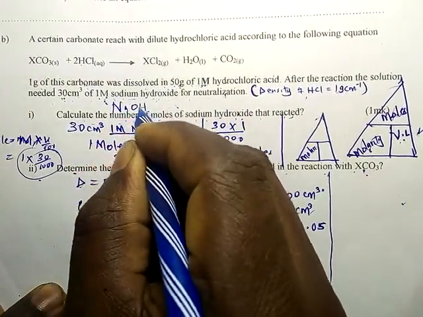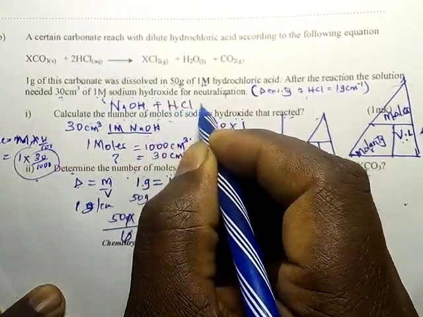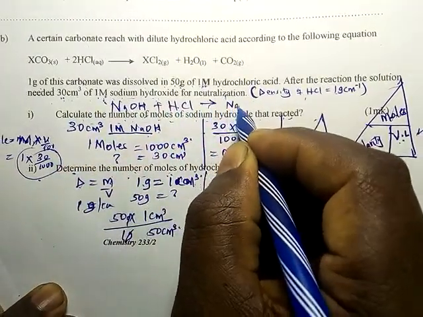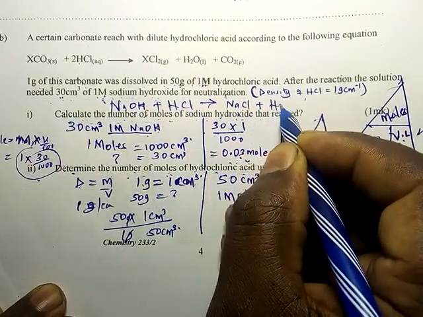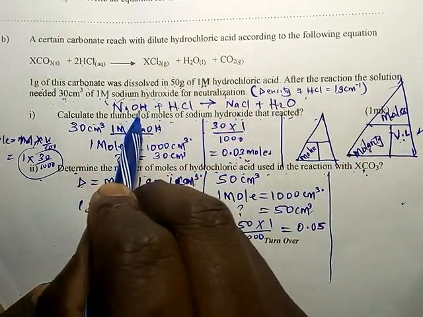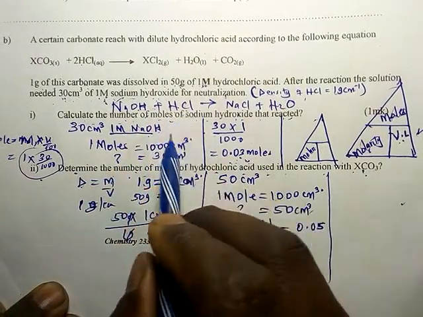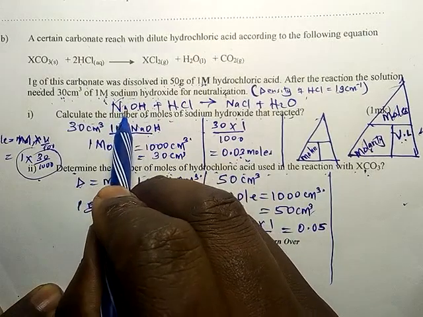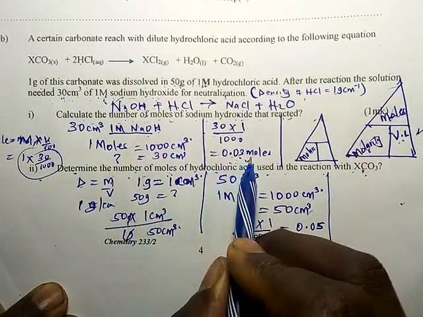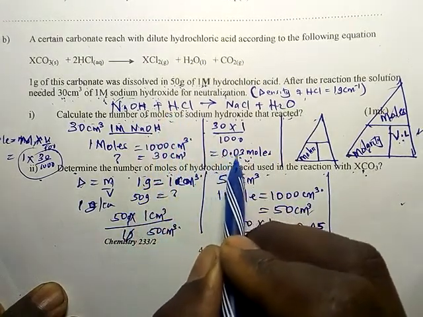Sodium hydroxide reacted with excess HCl to give sodium chloride plus water, the ratio is 1 to 1, meaning that the number of moles of sodium hydroxide will be equal to the number of moles of HCl. We know the number of moles of sodium hydroxide is 0.03. It means that the number of moles of excess HCl is 0.03.